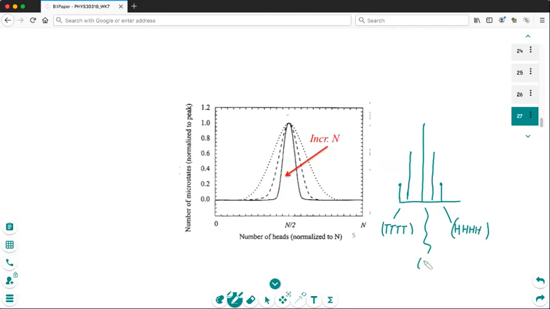You have TH, you have HT, and so on. But this number of heads is half of the number of flips. So this is a key result that we want to deliver.